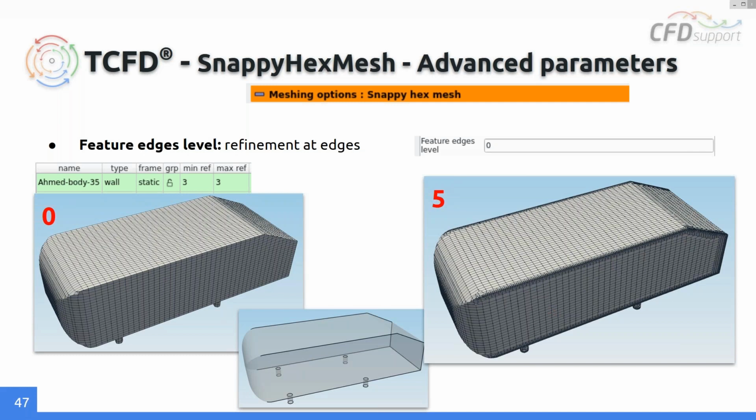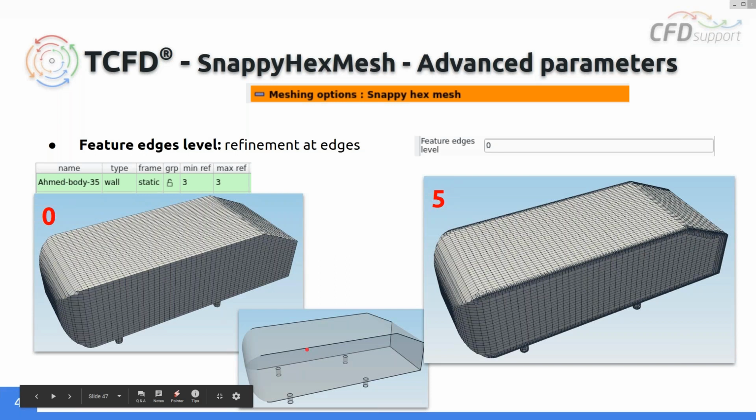So this is an example: if the level on the surface is 3 and we set the feature edge level up to 3, we get no refinement at the edges. But if we set the feature edge level to 5, we can see that we have 2 more levels at these edges. Okay, I think it's a piece of cake.